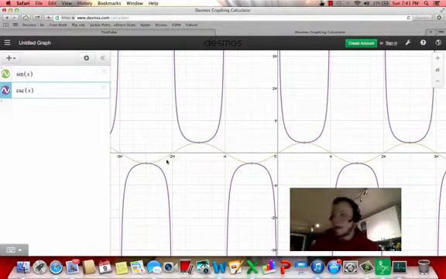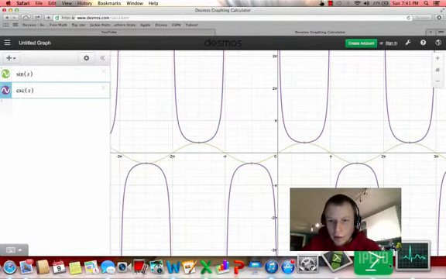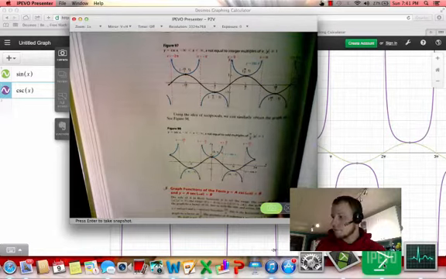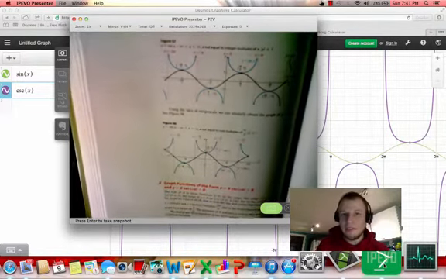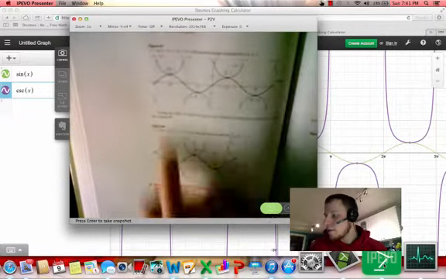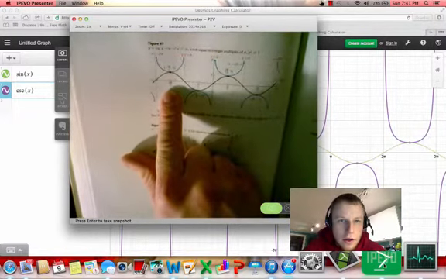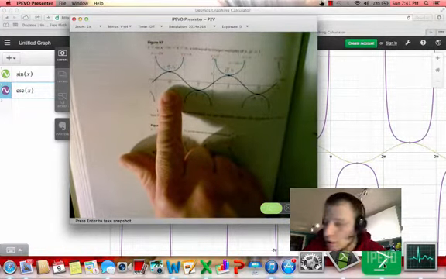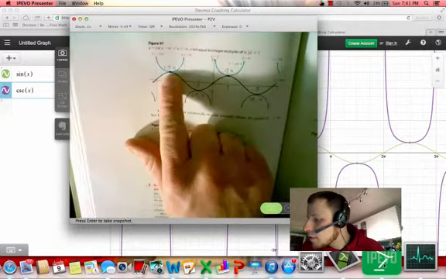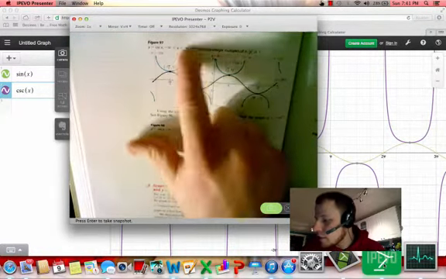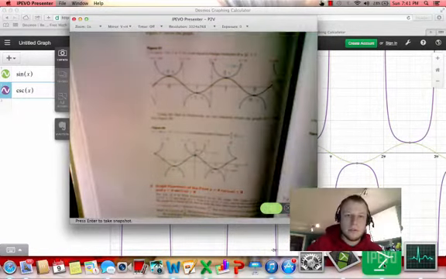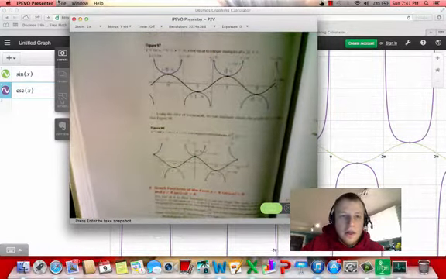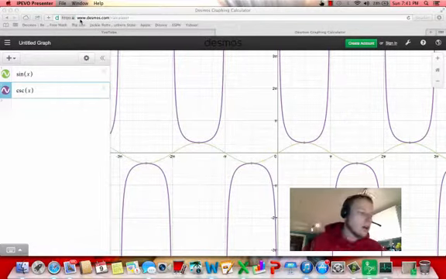In our book, it shows the exact same thing on page 578. Here at negative 3 pi over 2, it's minimized, and then here are the asymptotes. So that's that.